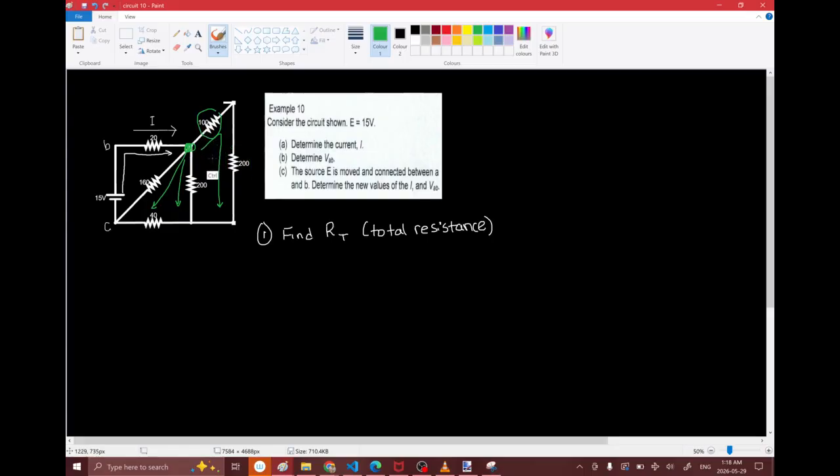As you can see, the current has to go through the 100 ohm resistor before it can go through the 200 ohm resistor. So they're in series, so it makes life a lot easier. That just means that we can get rid of this and change the value of this guy here to 300, because it's 100 plus 200. So that'll be 300. And this will just be a wire like this.